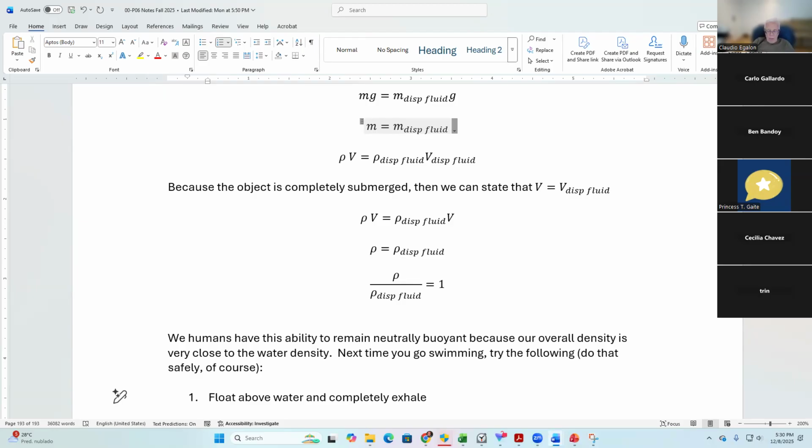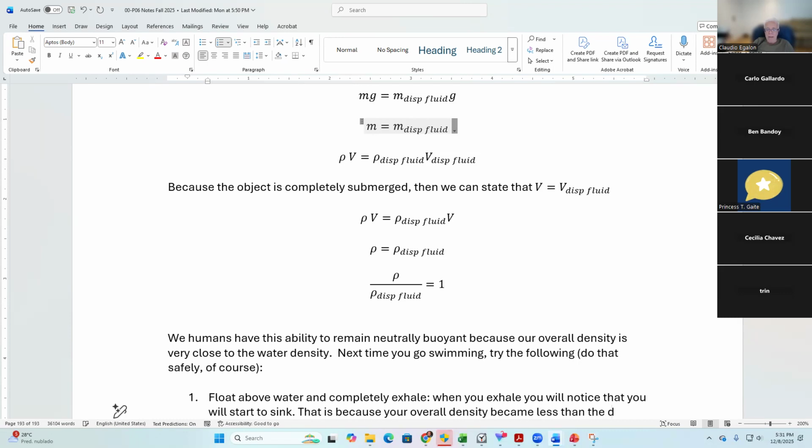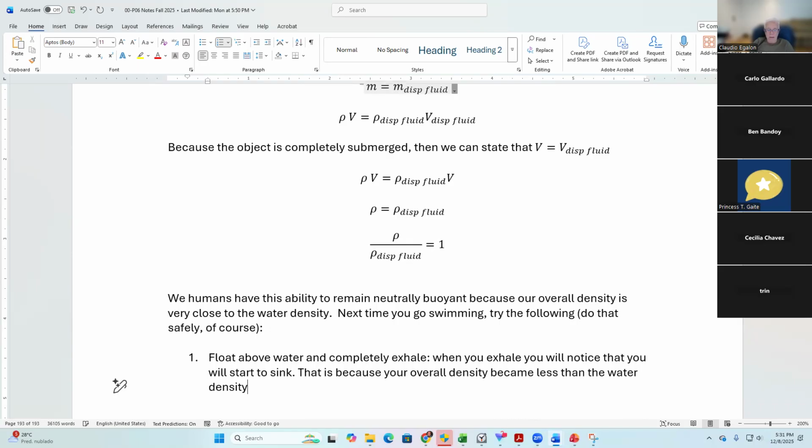What's going to happen when you exhale? You will notice that you will start to sink. That's because your overall density became more than the water density. The moment that you fill your lungs with air, your density is lower than the density of the water.